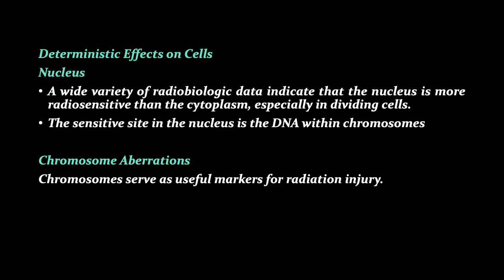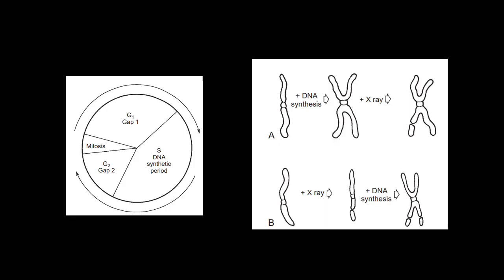The effects on the cells: usually it is the nucleus, which contains the DNA, that is more affected than the cytoplasm, and the chromosomes are up for aberrations. As we know, the cell cycle has four phases: G1, the growth phase, the DNA synthesis phase, G2, and then the mitotic phase.